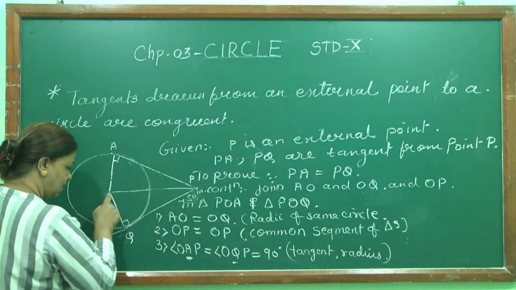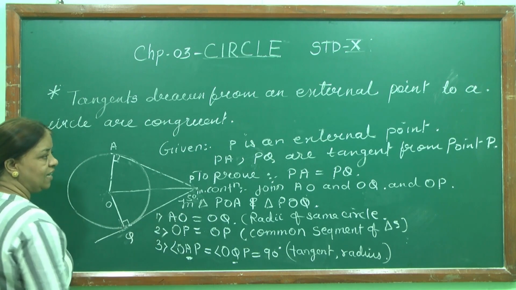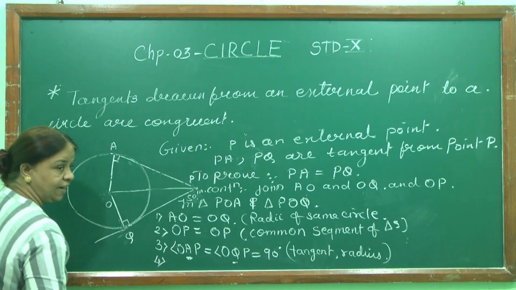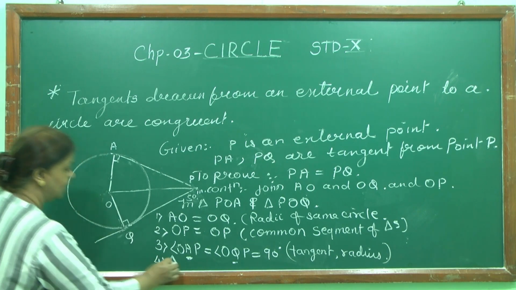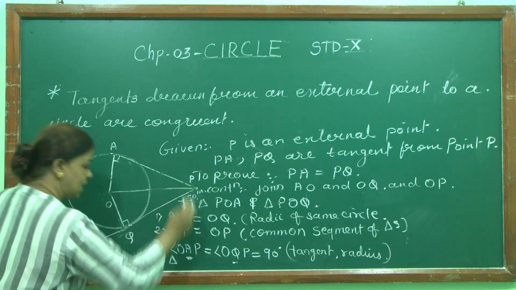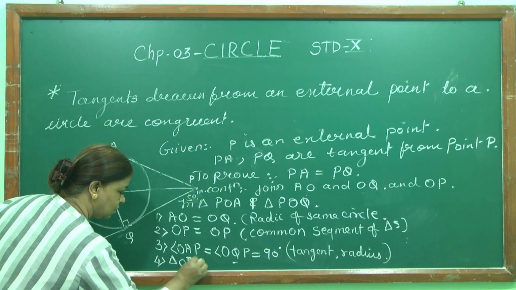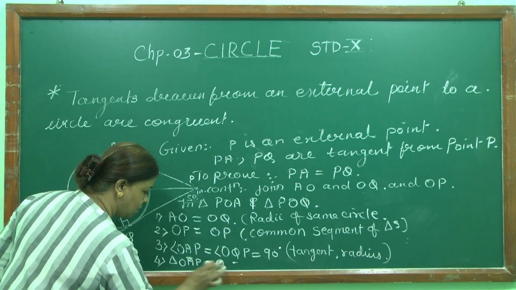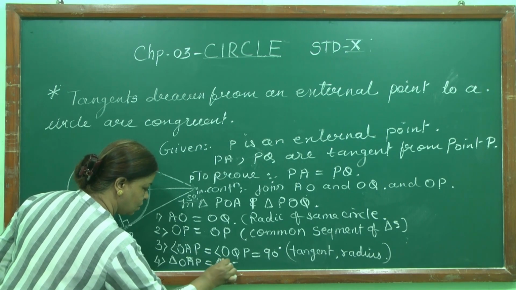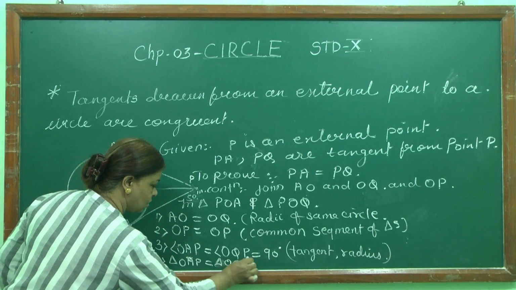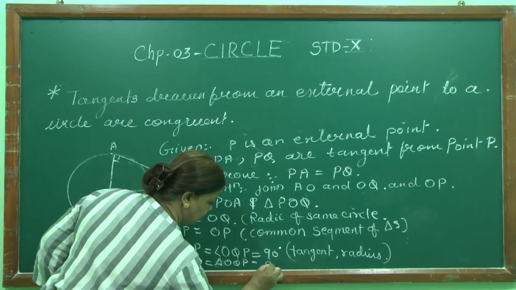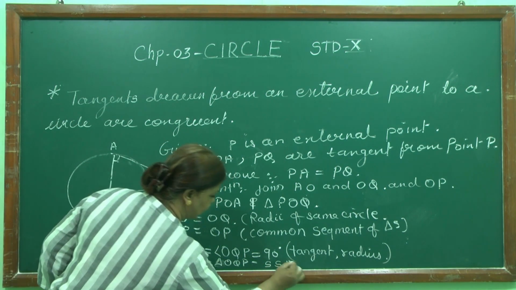This side and angle. So I can easily say in the fourth point that triangle OAP is equal to triangle OQP by side angle test.